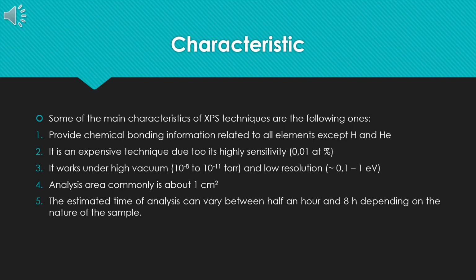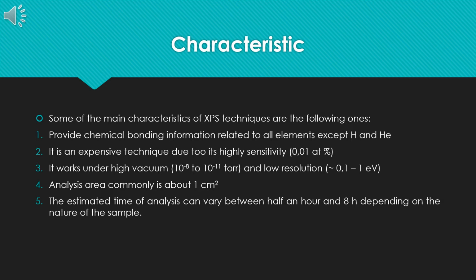The first is that it provides chemical bonding information related to all elements except hydrogen and helium. The second is that it is an expensive technique due to its high sensitivity of around 0.018%.